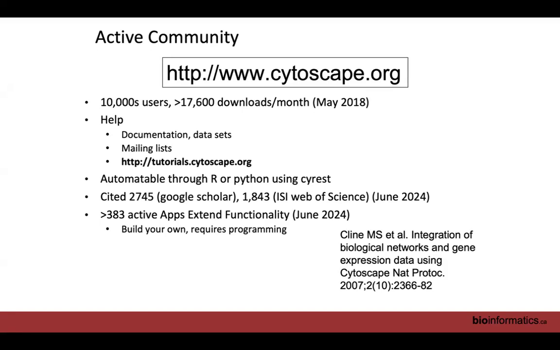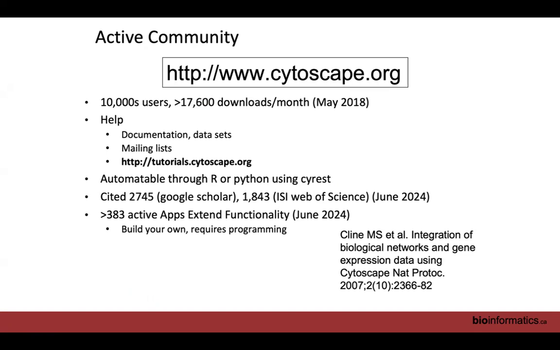Me personally, I use mostly R, and when I'm analyzing a lot of data sets that are very, very similar and I want to create networks, I don't have to sit there and load it in all manually. I do it directly from R, and it talks directly to Cytoscape, creating lots and lots of networks and even summarizing those networks for me and passing information back to R so that I can devise conclusions based on the analysis. It's been cited many, many times.